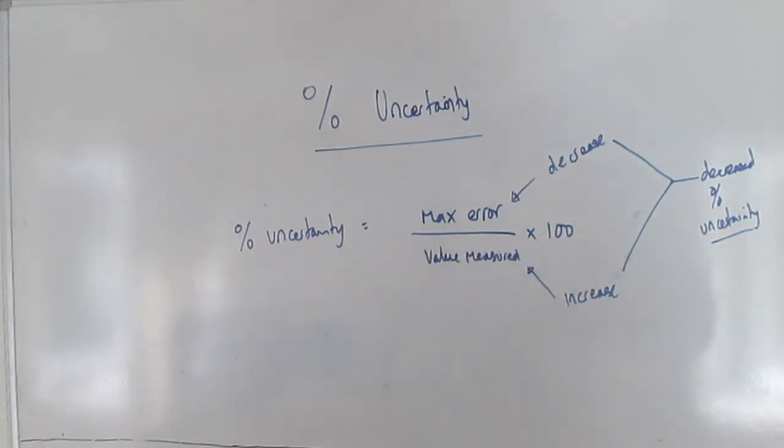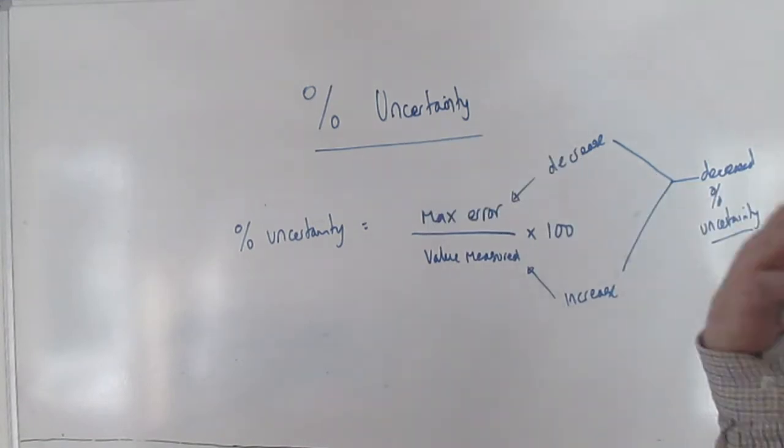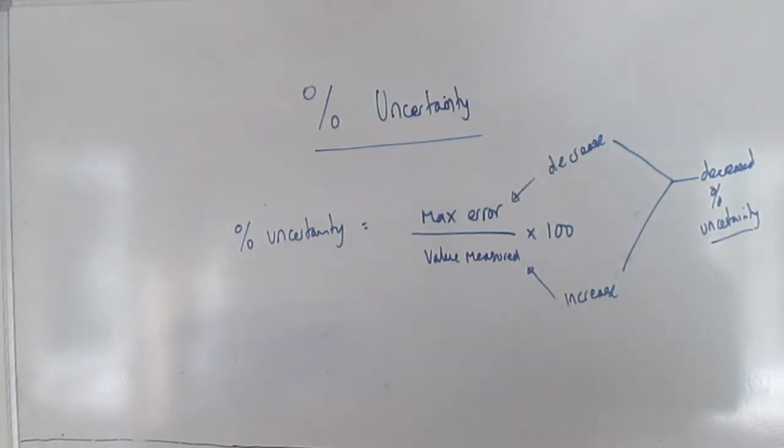What about the bottom line then, the value measured? Well, you can see that if you measure a bigger value, the percentage uncertainty is going to be smaller. So if instead of using 13.75 grams, we use twice as much, bottom line is going to be twice as big, and that means the percentage uncertainty will only be half as big.